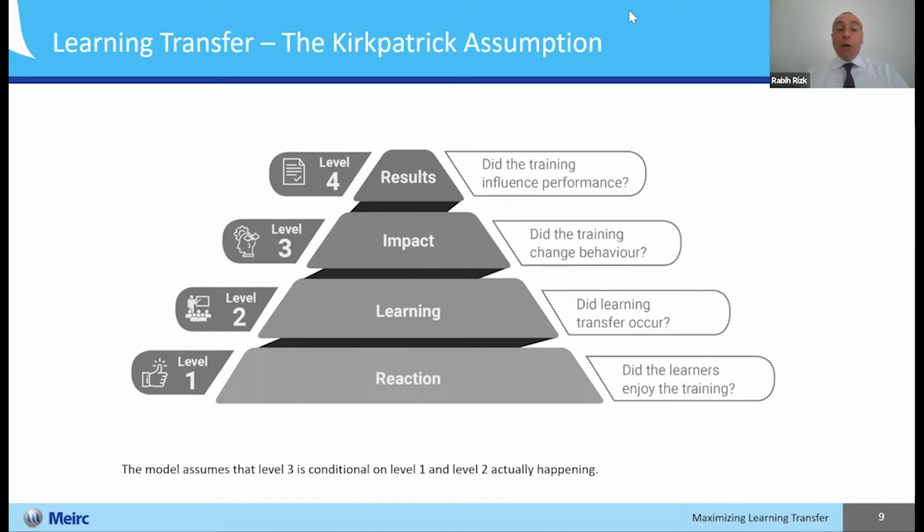So what we are talking about right now, as we mentioned, is the transfer of learning from the classroom to the workplace. You definitely know that the first 2 levels will happen in the classroom, while the other 2 levels will happen in the workplace.